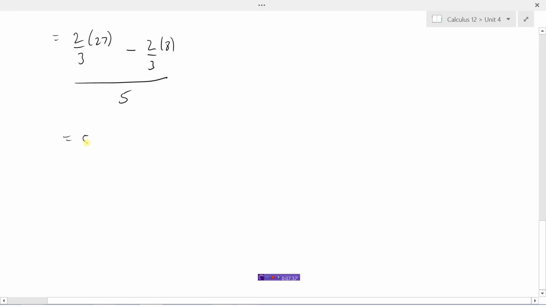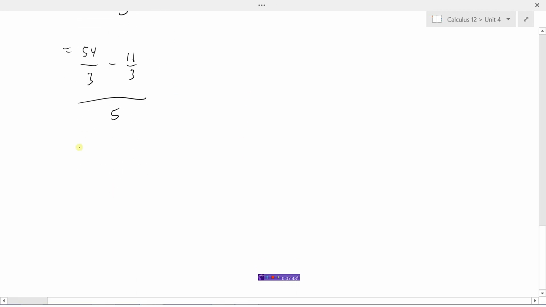So we'll go 2 times 27, which is 54 thirds, take away 16 thirds, just so that we can keep our common denominators, divided by 5. And 54 take away 16 would be 38. 38 thirds divided by 5.